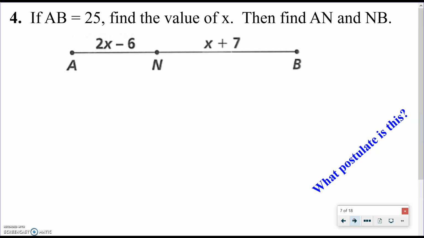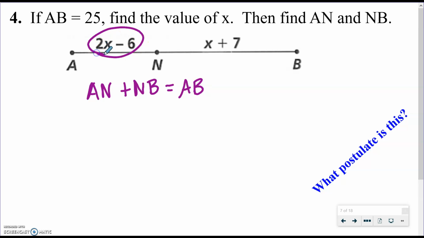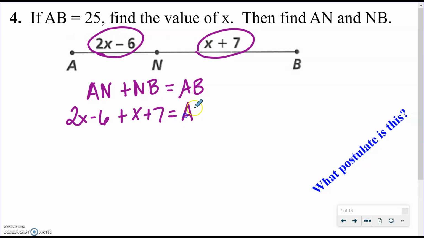Now we're going to do the same thing, except we have some variables thrown in the mix. So we're still going to start by writing the equation AN plus NB equals AB. Now I'm going to substitute in what I know, and that's that AN is 2x minus 6 plus NB is x plus 7. And that's going to give us the length of AB.